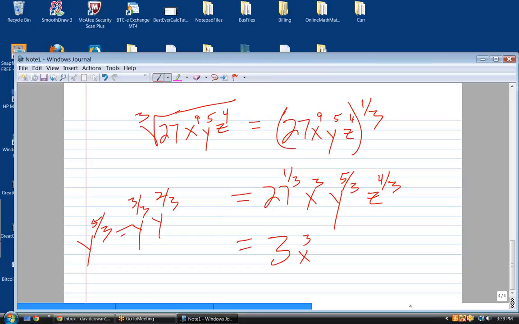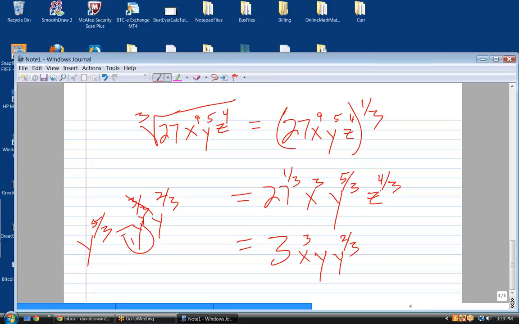Yeah. So this y I can pull out and leave y to the 2/3 behind. So there's a y, and here's a y to the 2/3. Now I'll show you why we did that, as opposed to leaving it as y to the 5/3.